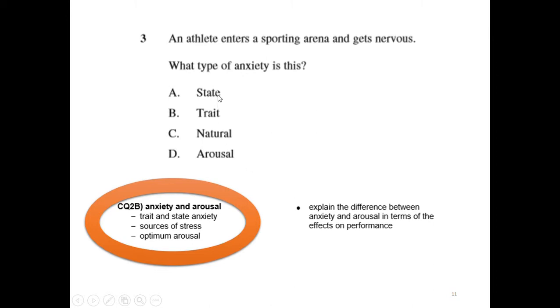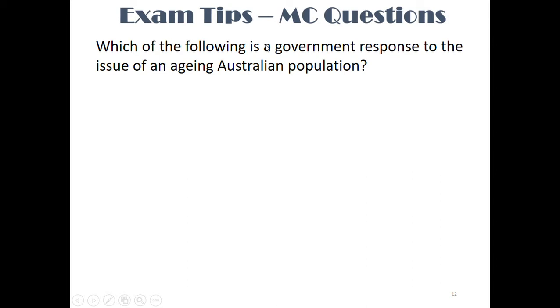So even if you aren't 100% sure, you can eliminate 2 and make your best educated guess from both of these. Now don't forget that trait anxiety is a personality trait. They've got it for their lifetime. They're always anxious. All sorts of things make them anxious. A state anxiety happens only in that state or that moment. And in this instance, it's when they've actually gone in.